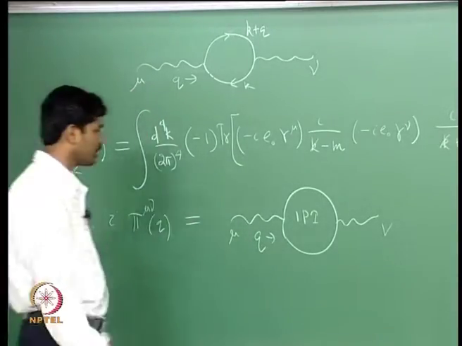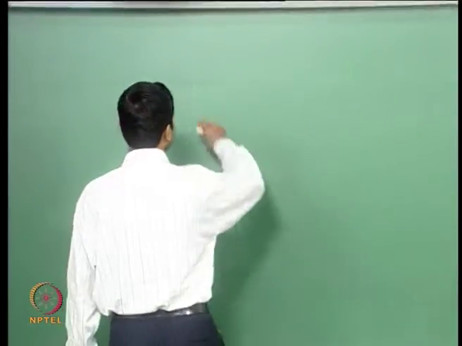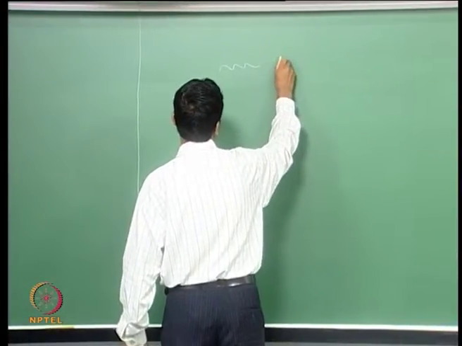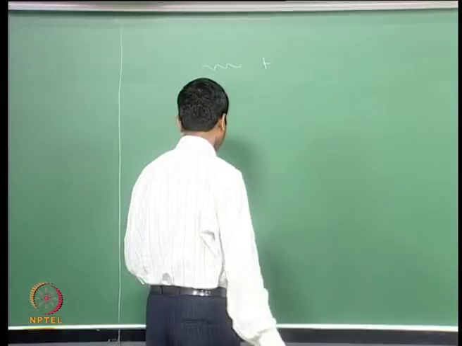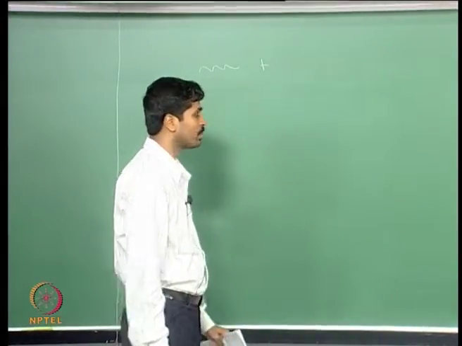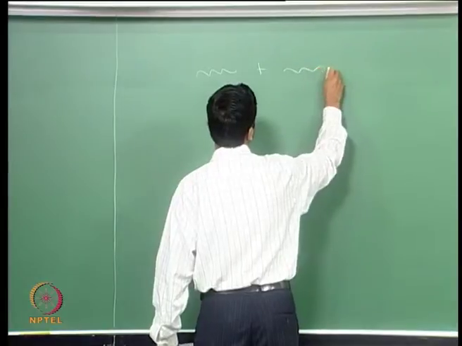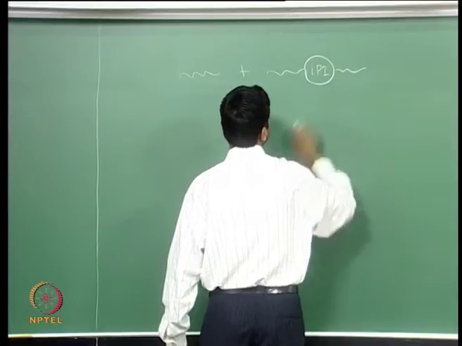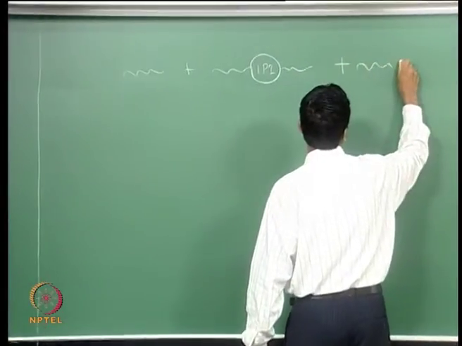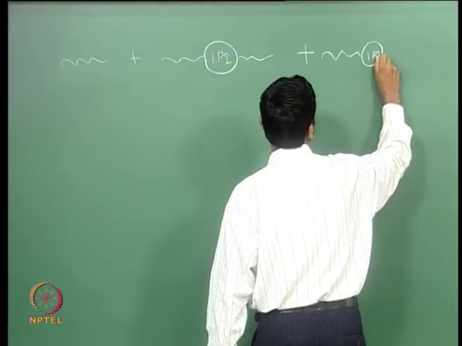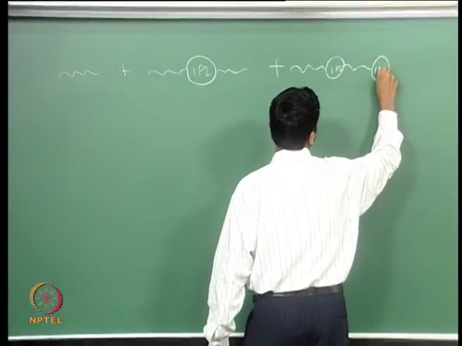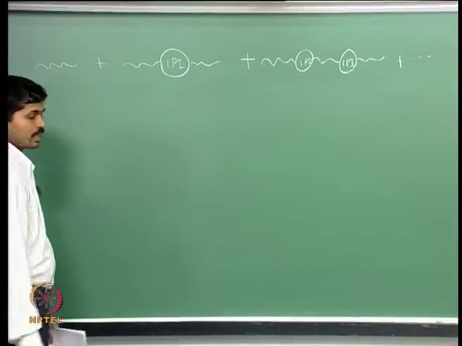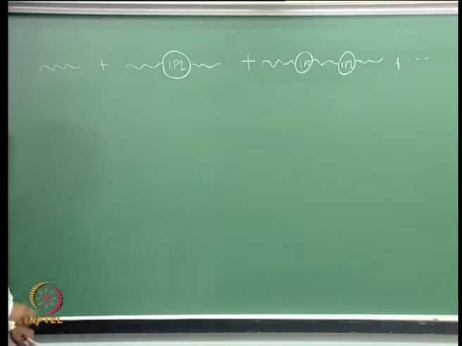So, the full photon propagator to all orders will be determined by taking the sum of all such diagrams. You have at tree level simply this, after that you have only one such term here, and all such one particle irreducible diagrams included like this.